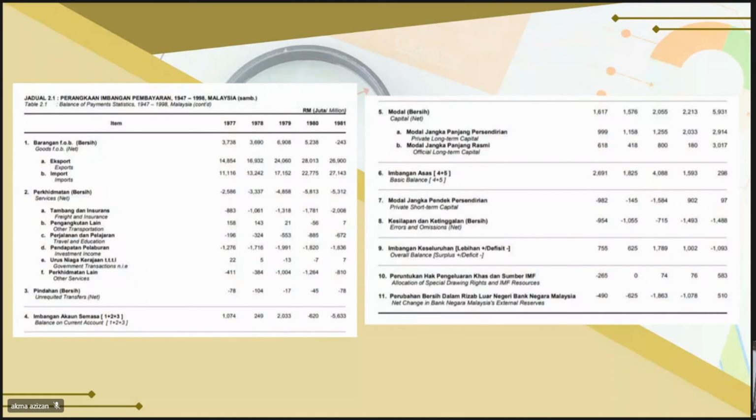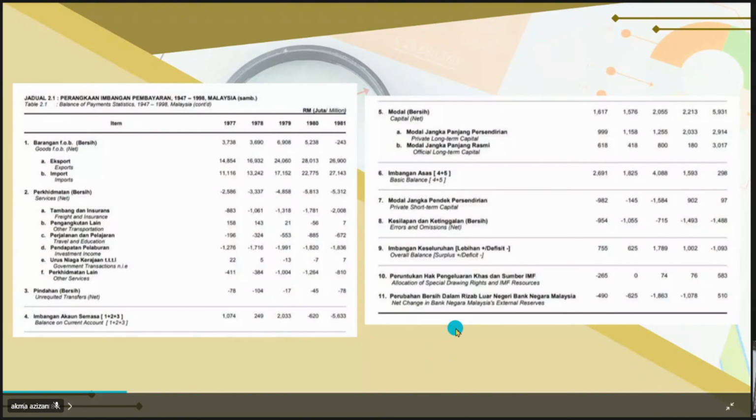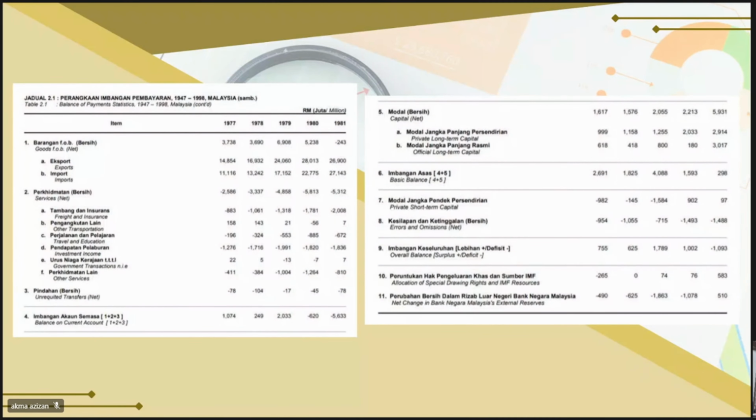You can take a look at the series table. The next one is the net amount of unrequited transfer. It also has the same pattern as the services account, where our country has the unrequited transfer in a deficit state.